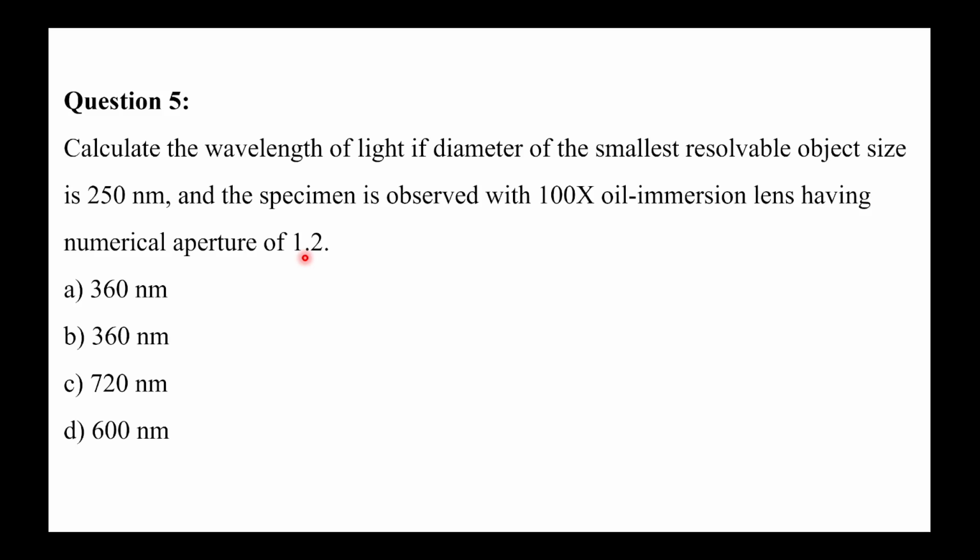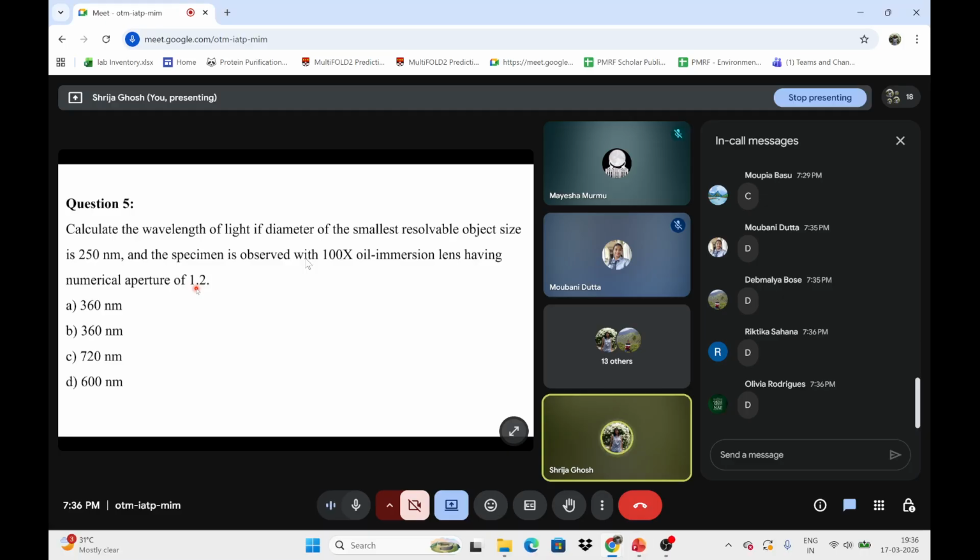So resolution is equal to lambda, that is the wavelength, divided by 2 into NA, or 0.5 lambda by NA. NA is the numerical aperture. Now I've told you the formula, so solve it and tell me the answer.